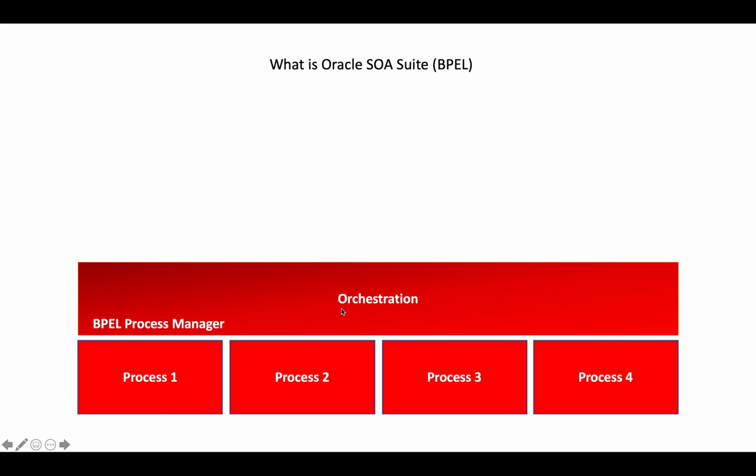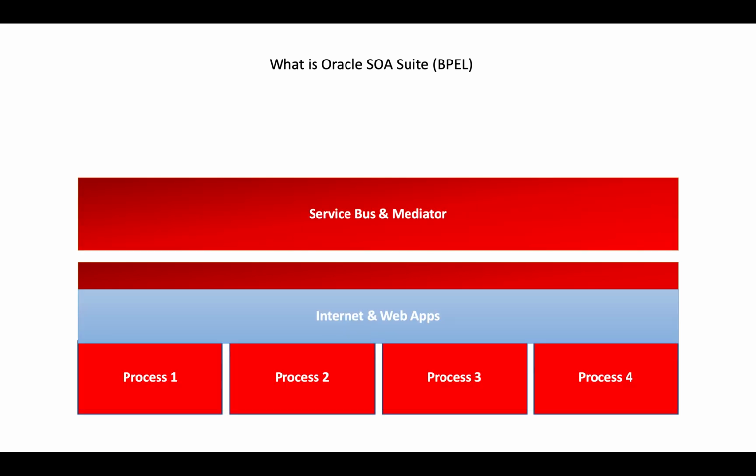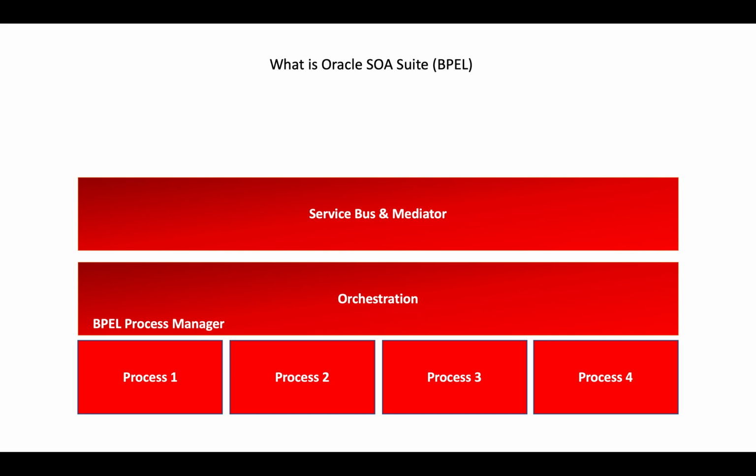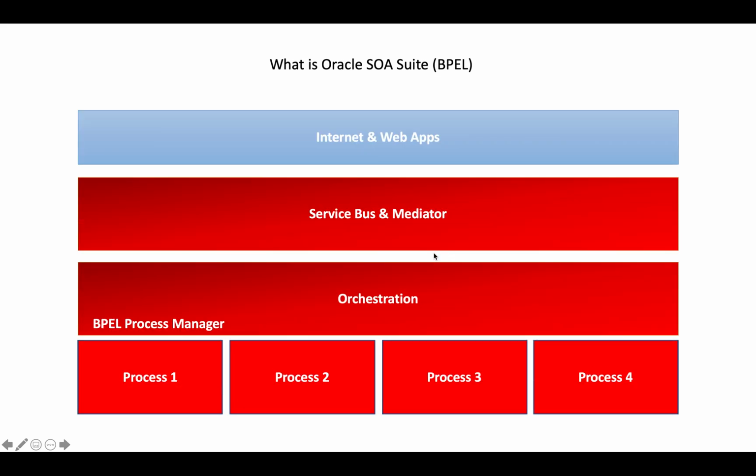If you want to see where the Oracle Service Bus enters in this flow, it enters on top of the orchestration. Here the service bus is a mediator. If you're talking about internet and apps, the internet and apps start here.